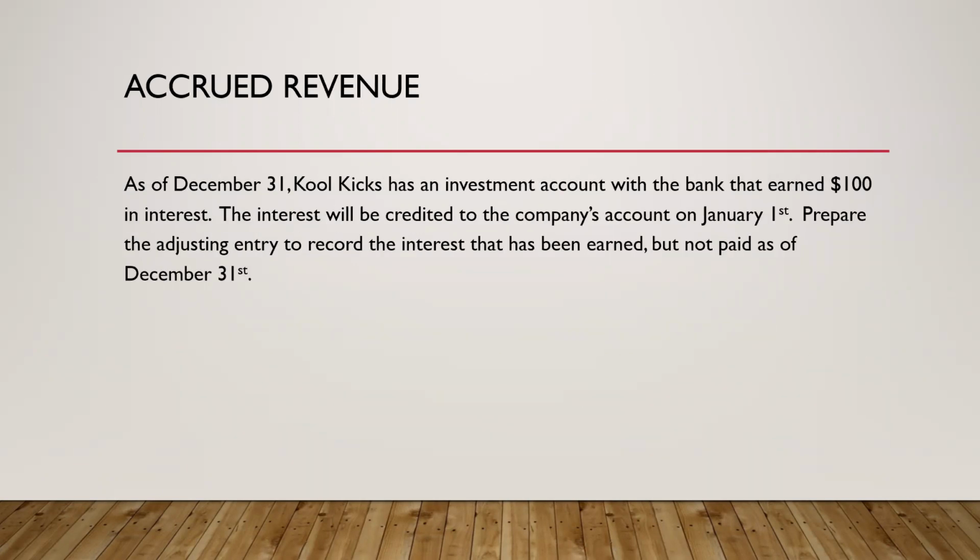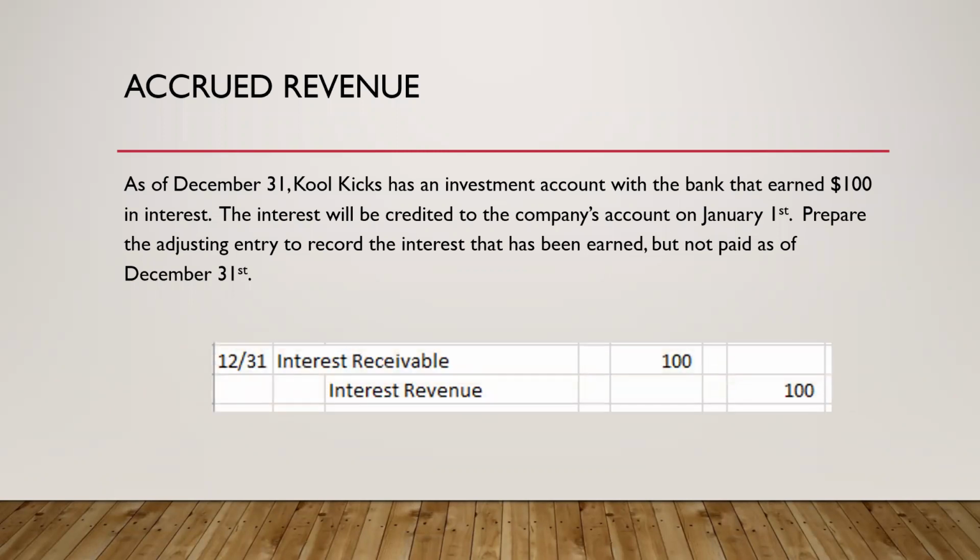On this side, we need to make sure that the revenue is recorded in the proper period. I don't want to record the revenue in January when I actually earned it in December. So in the accrued revenue adjusting entry, we debit some type of receivable and we credit some type of revenue. Notice we're just changing the adjective here. We debit interest receivable, we credit interest revenue.